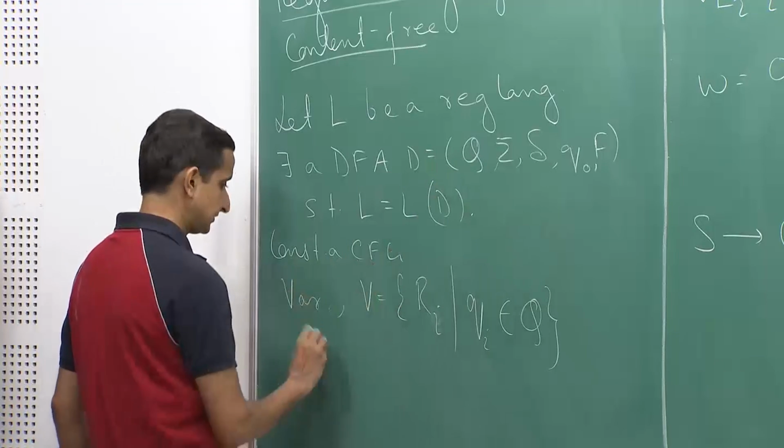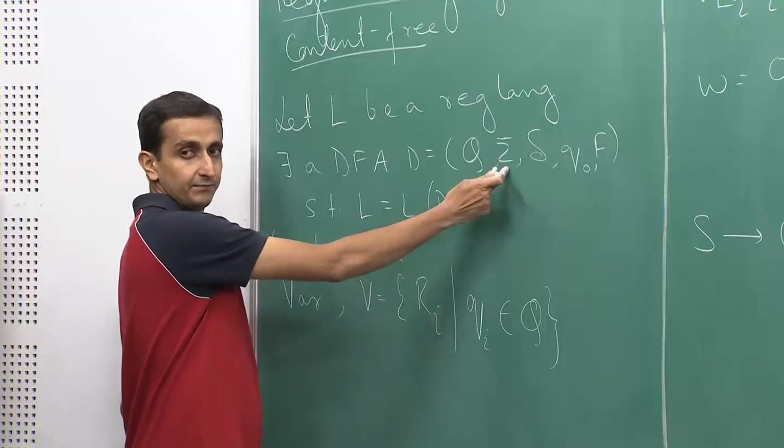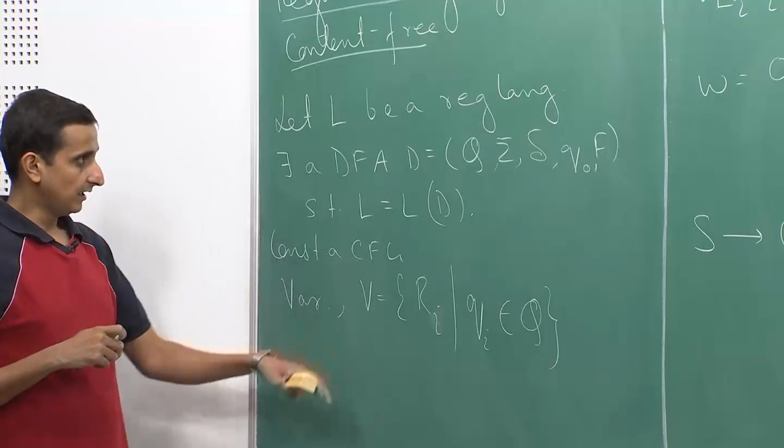The terminals are the same as the alphabet of D. So, it is the same set.